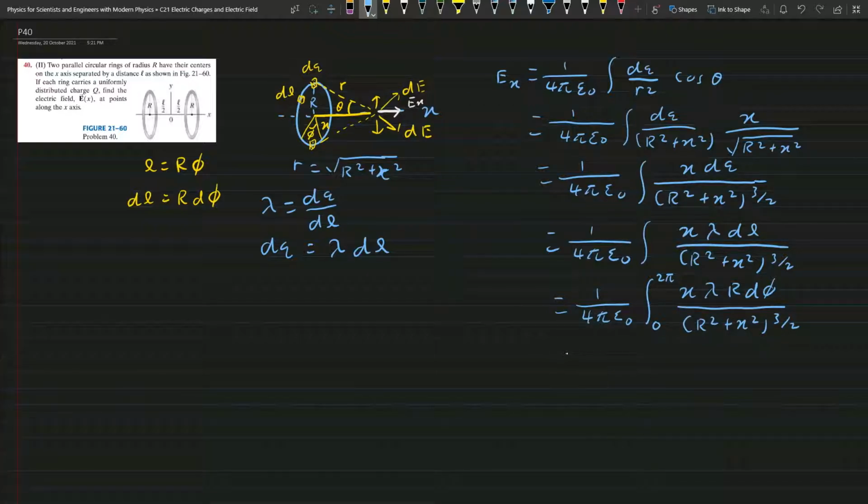Now from here you can clearly see the result. This is given by lambda 2 pi r x.